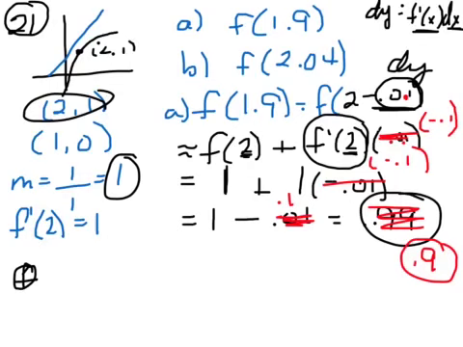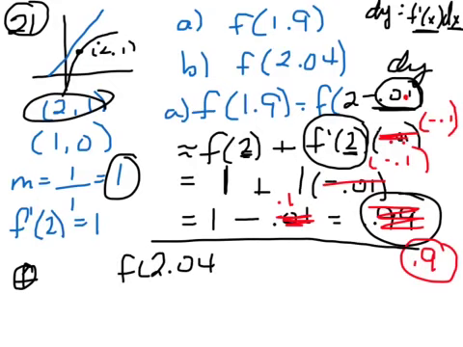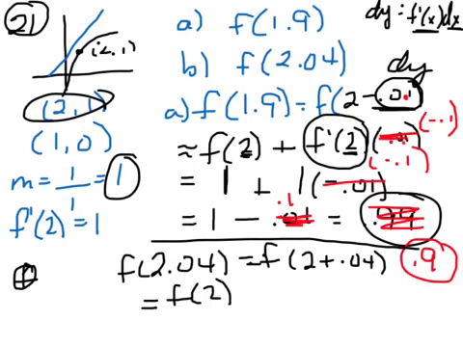What about if I want to estimate f of 2.04? It's the same sort of thing. That's the same as saying I want f of 2 plus 0.04. That's about f of 2, the y value at 2, and then the change in y, I can estimate with this formula up here at the top.